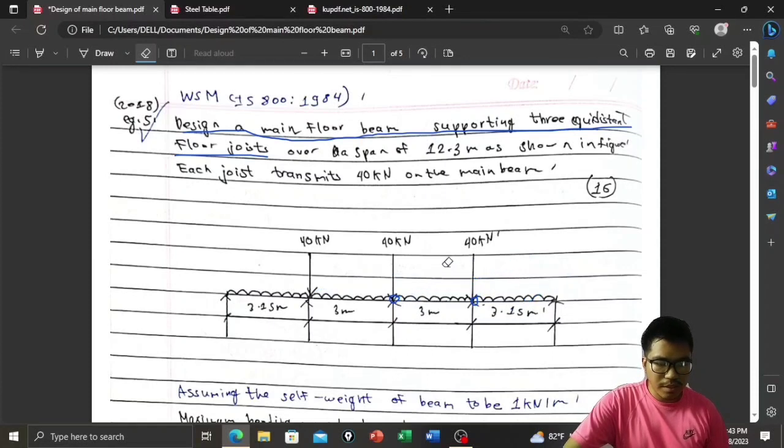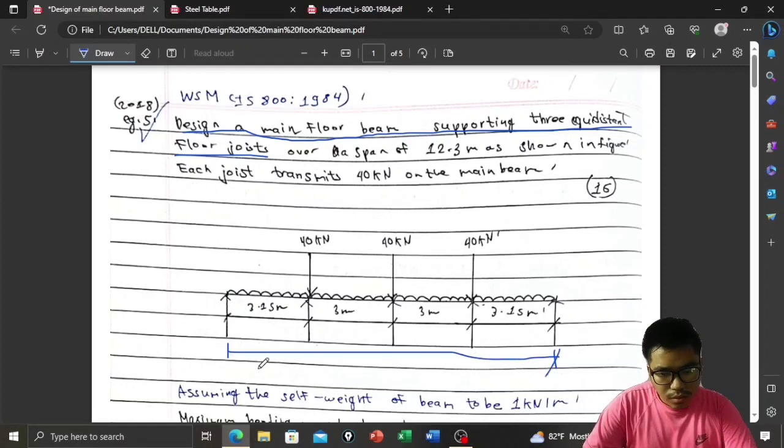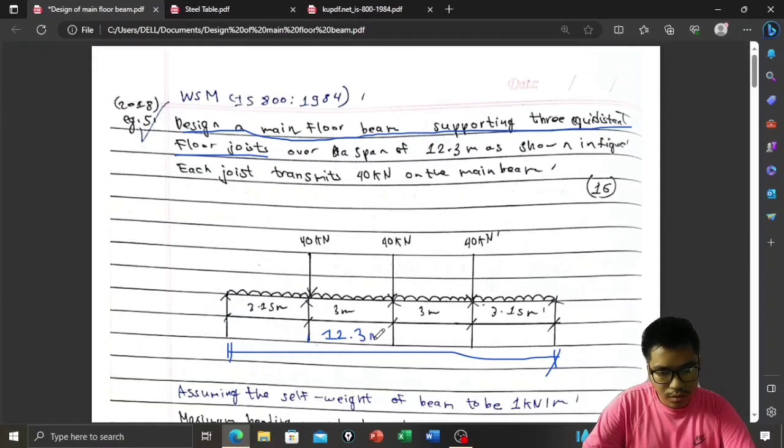Supporting over a span of 12.3 meter. So from here to here it is 12.3 meter.